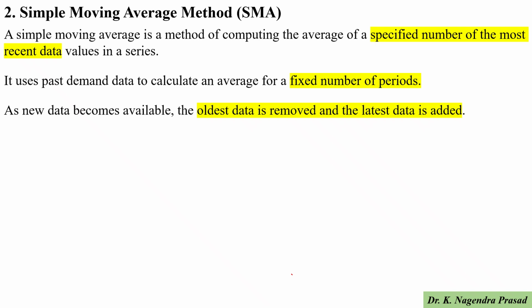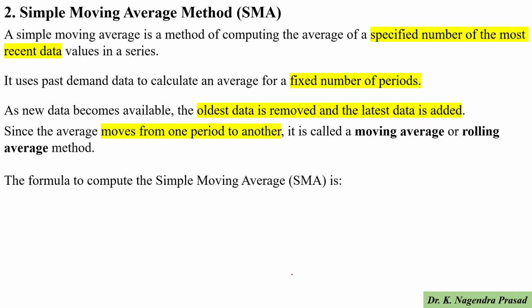So in the simple moving average method, we consider only the most recent data. When new data becomes available, the old data is removed and the latest data is added. Since the average moves from one period to another, it is called a moving average or rolling average method.